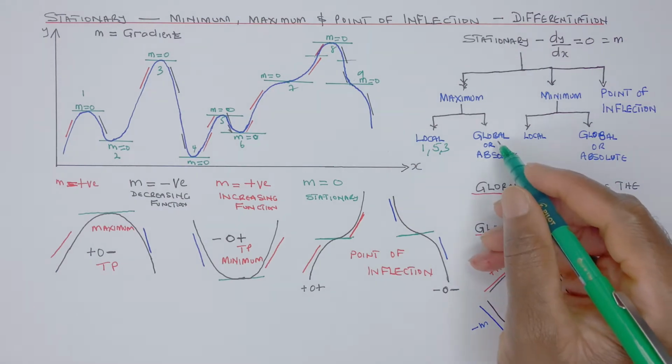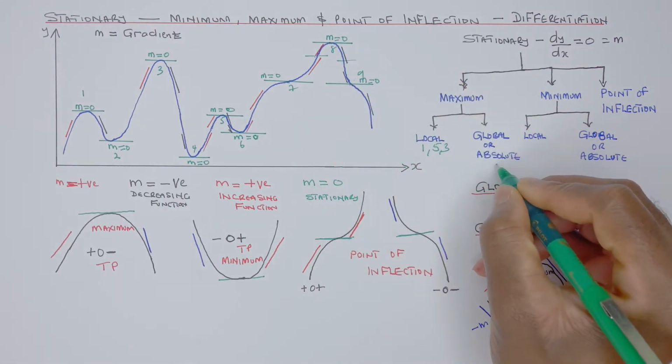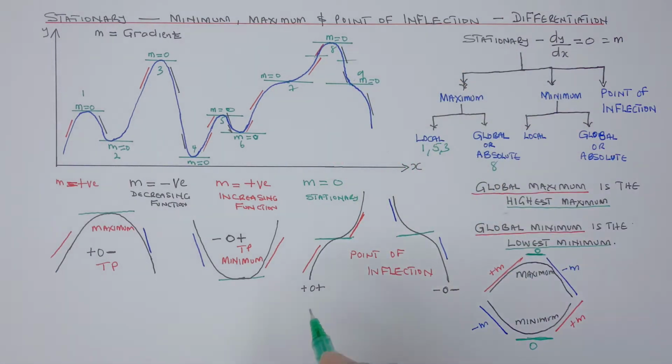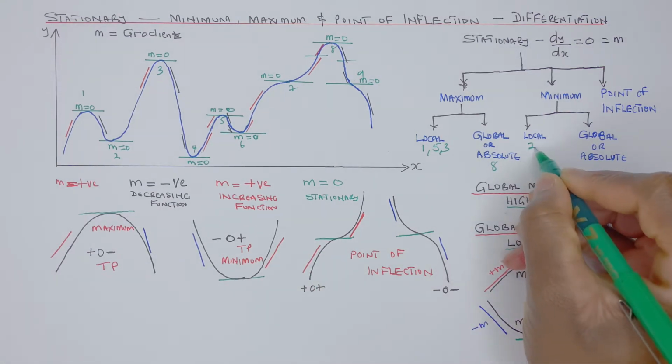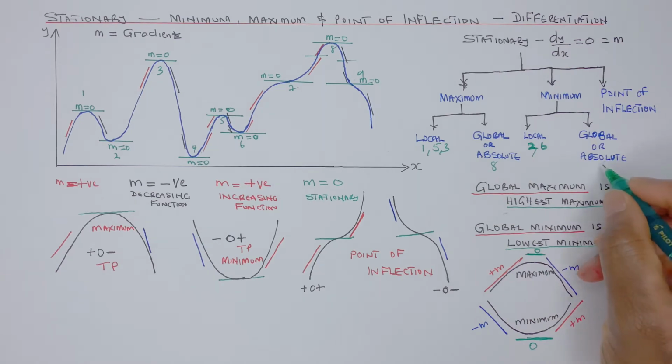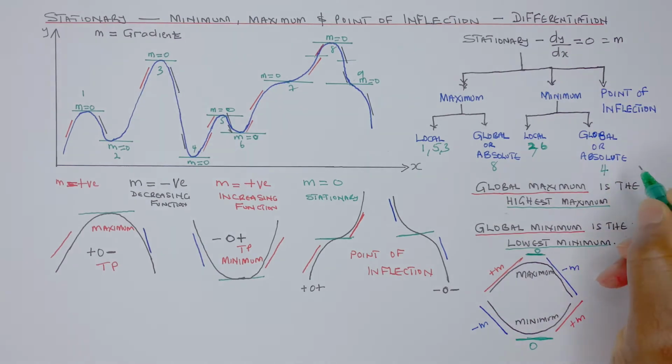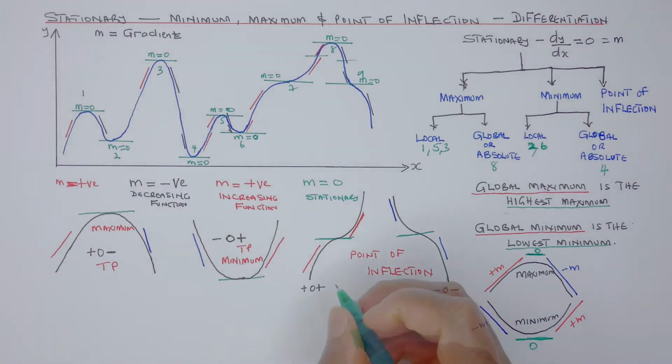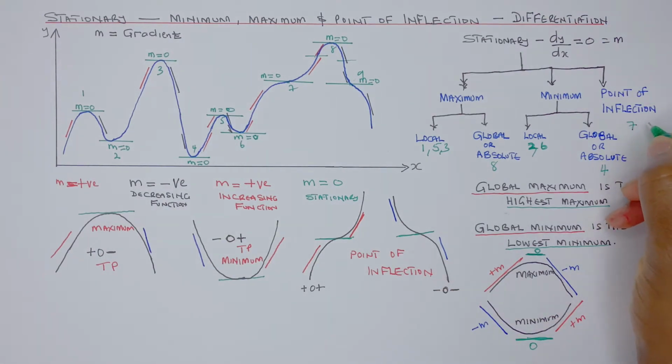The global maximum is 8. The local minimums are 2 and 6. The global minimum is 4. The points of inflection are 7 and 9.